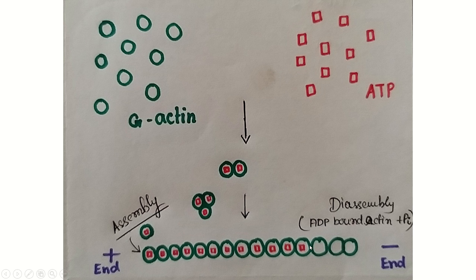When these G-actin molecules are without ATP, that is ADP bound actin and Pi, phosphate, disassembly is seen to occur. This is the minus end event.